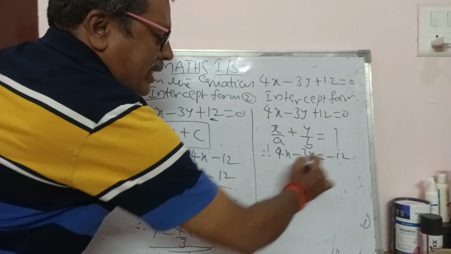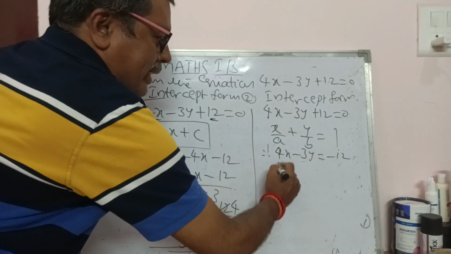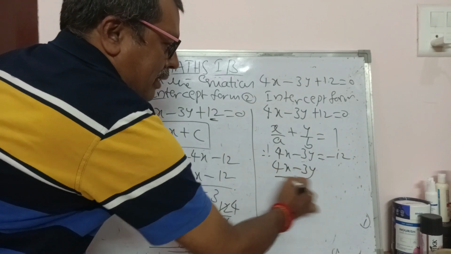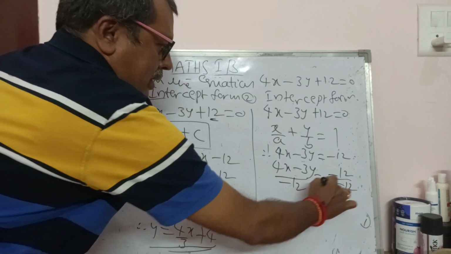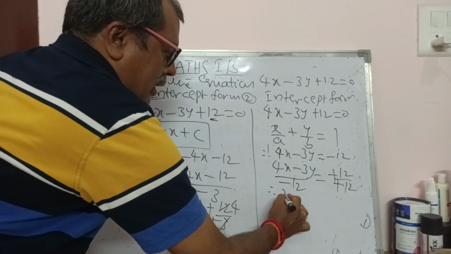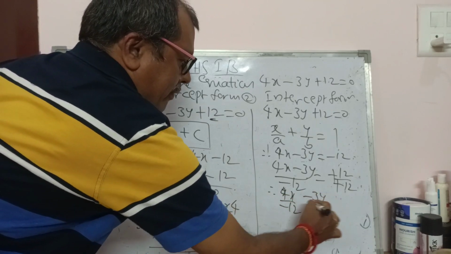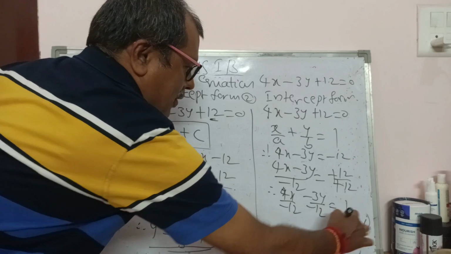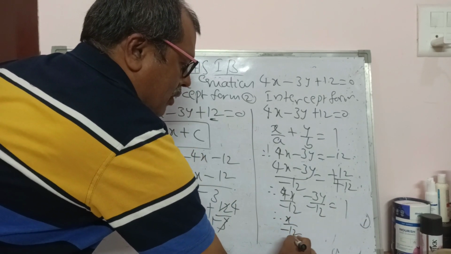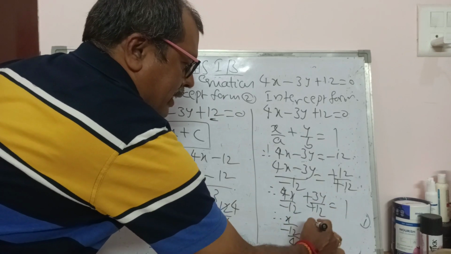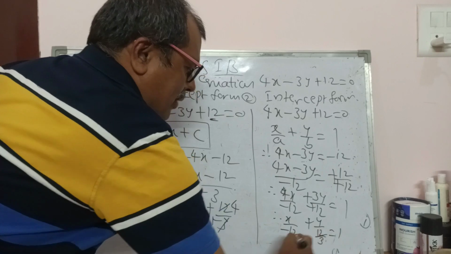We are going to divide the entire equation by minus 12 so as to get 1 on the right side. 4x minus 3y by minus 12 is equal to minus 12 by minus 12. Therefore, 4x by minus 12 minus 3y by minus 12 is equal to 1. Therefore, x by minus 12 by 4 minus, minus cancel, therefore y by 12 by 3 is equal to 1.